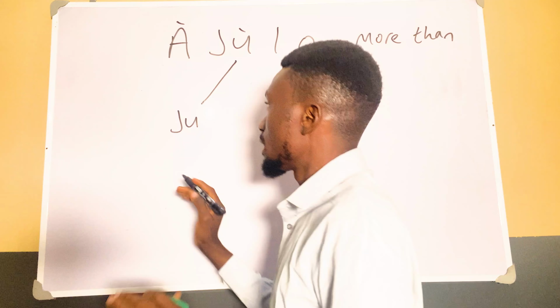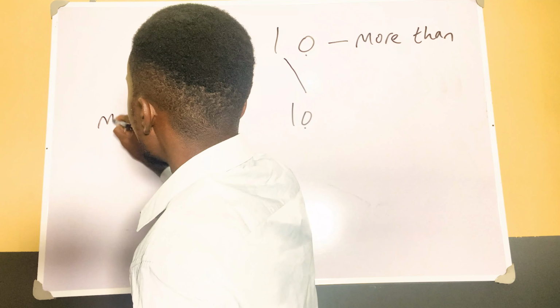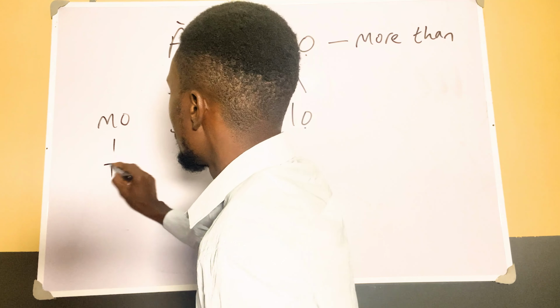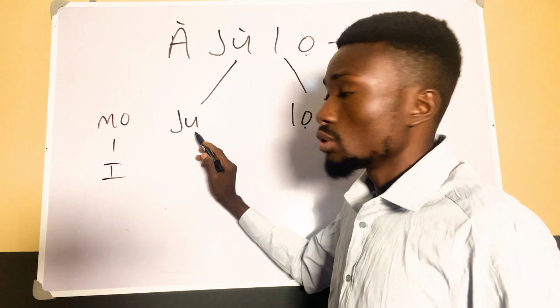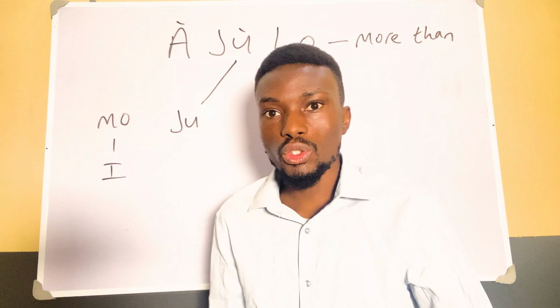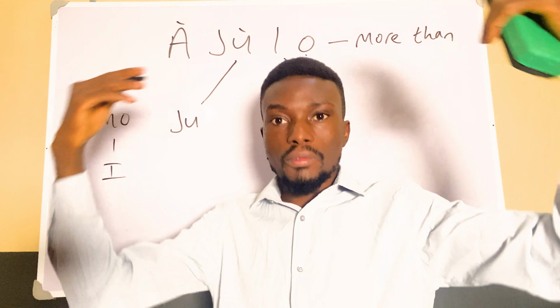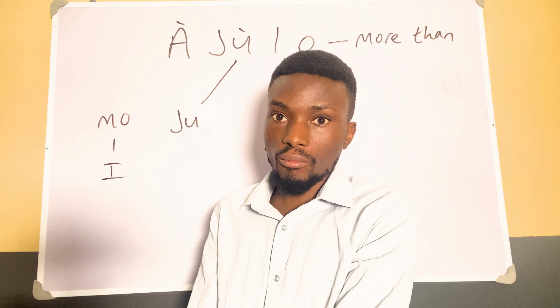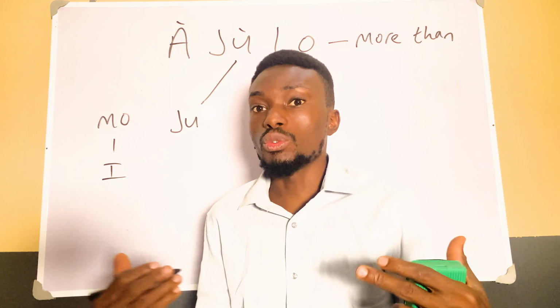So for example, let's say mo, which is I, mo, ju, which is more than, and then when you are using comparison, it is the person that is above that you will use first.